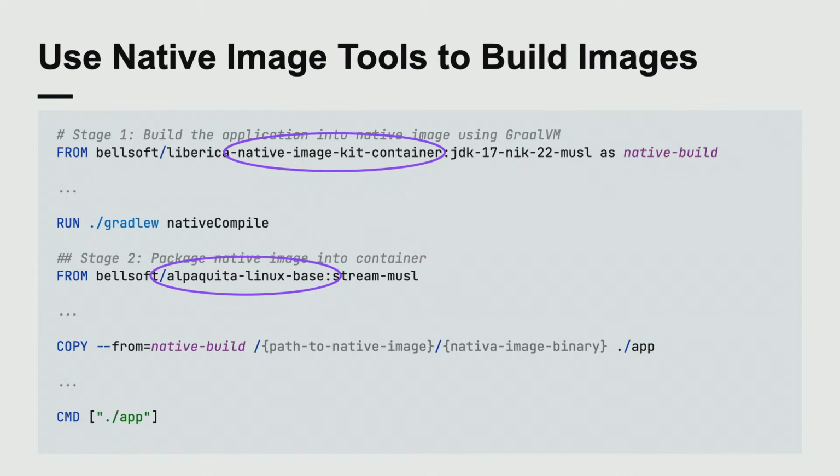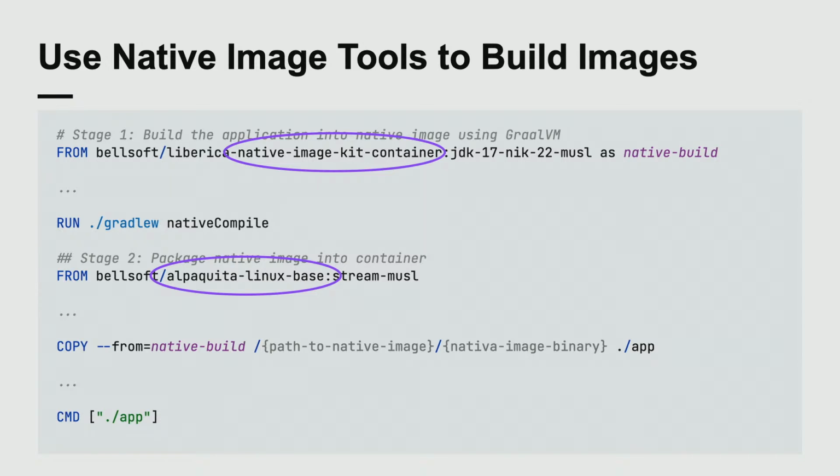So in our Dockerfile, we need to switch our build tool from the OpenJDK to the native image kit container, which is also provided by the GraalVM project. In this container, they provide OpenJDK 17 with GraalVM 22 as your build tool.